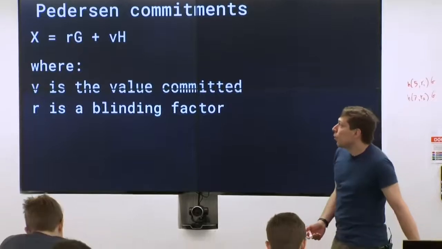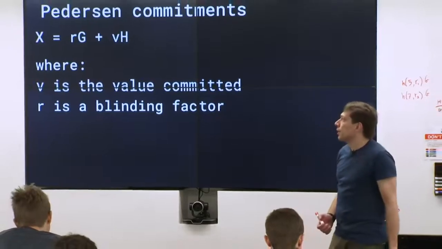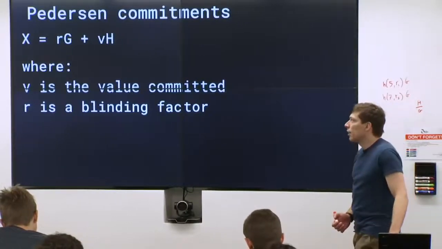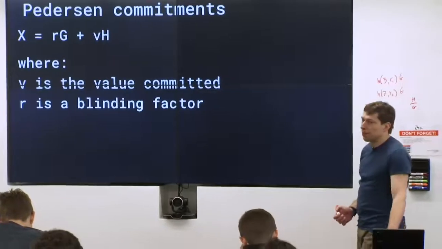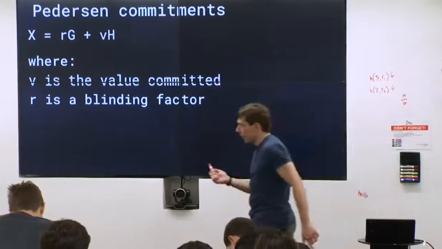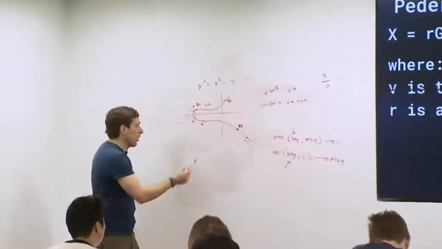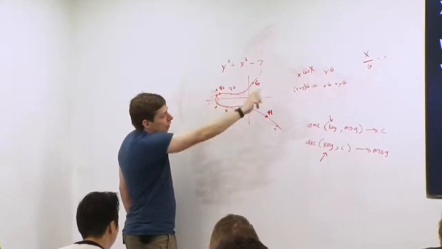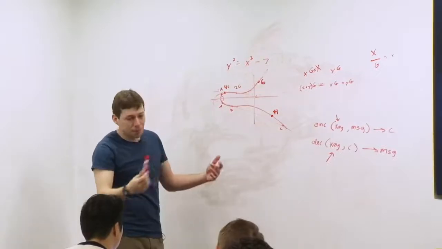It's saying we're going to have a blinding factor and the actual value we're committing to. And so now I'm multiplying the blinding factor by g and the actual value by h, and I'm just adding those two up, right? So you know how we can do that. If my actual value is 5, I take 5h by taking the tangent, getting 2h, taking the tangent again, getting 4h, and then adding 4h and h by drawing a line between them.